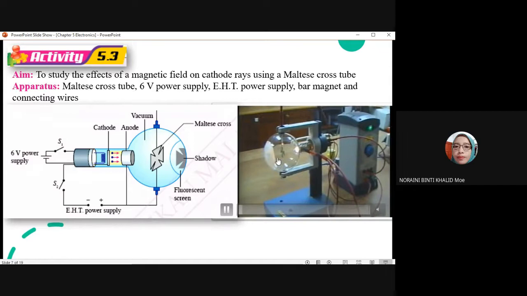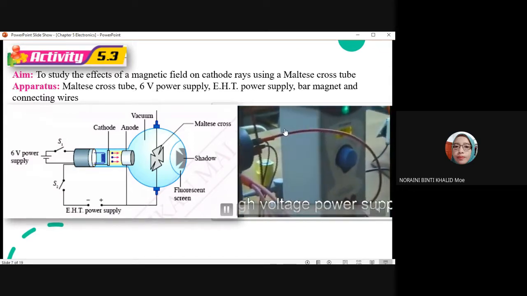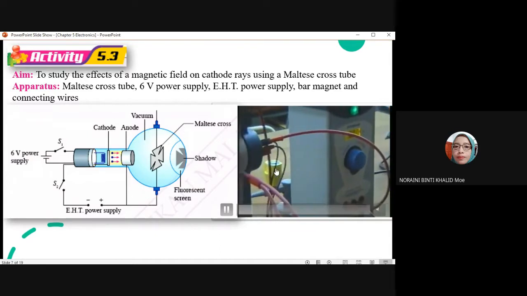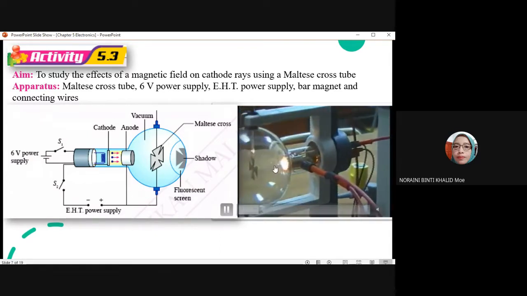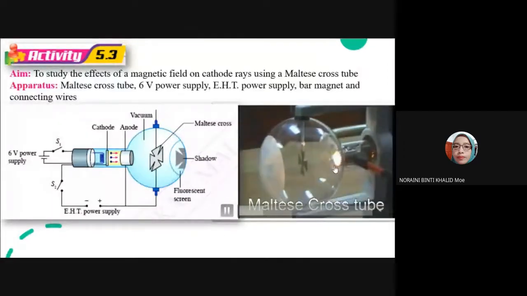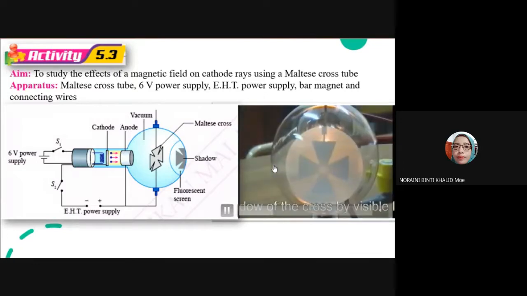Okay, so this is the Maltese cross connected to a high voltage power supply. Through thermionic emission, electrons released will travel in a straight line. At first, before the EHT is on, electrons just stay at the surface of the cathode.